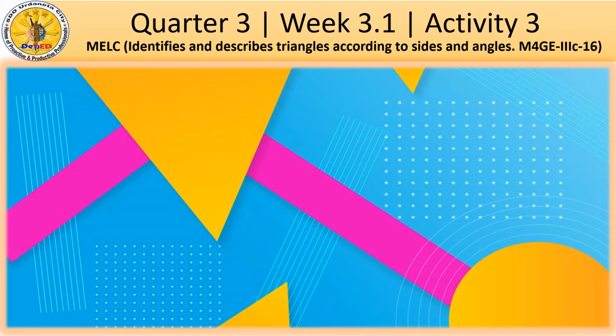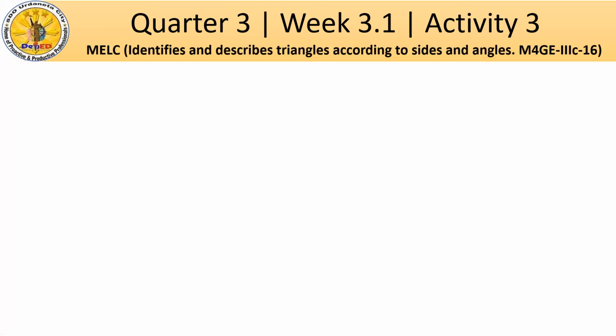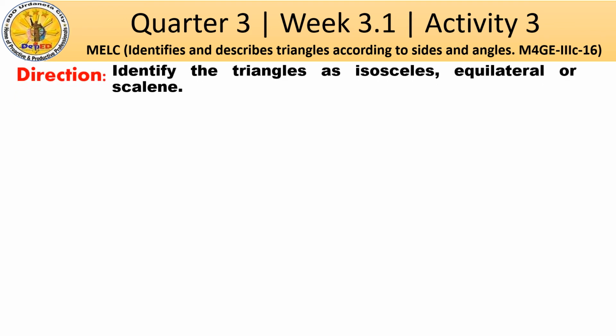Let us proceed with examples for Activity 3 on page 10 with the title, Kinds of Triangles. The direction for this activity is identify the triangles as isosceles, equilateral, or scalene.